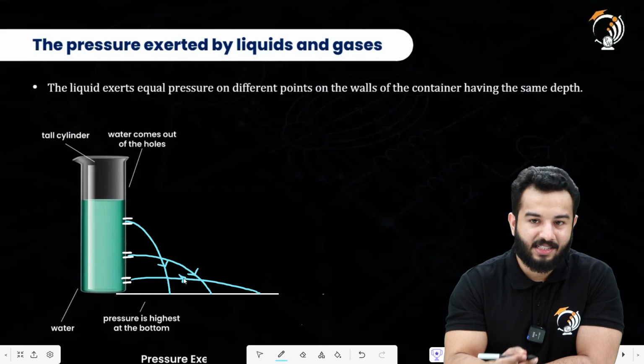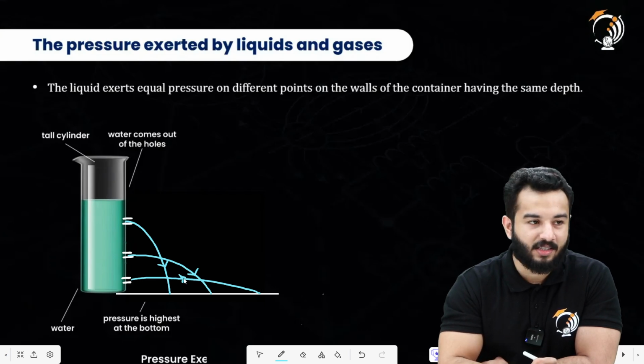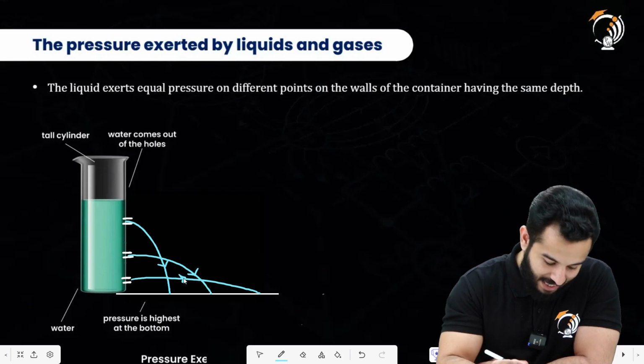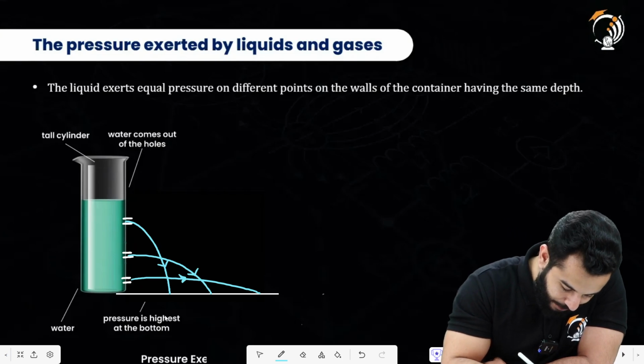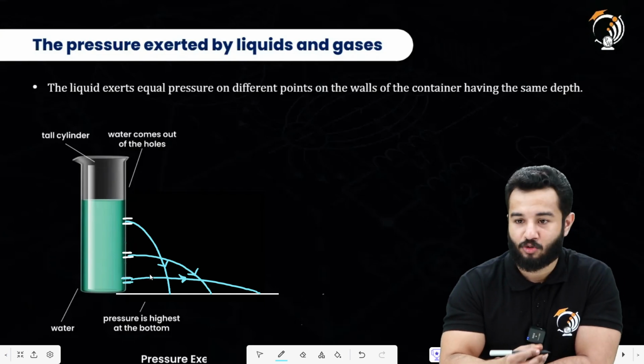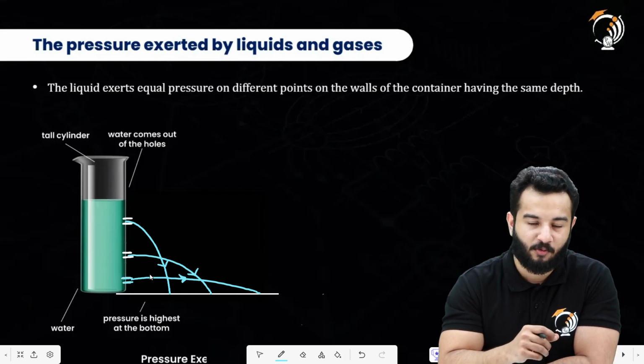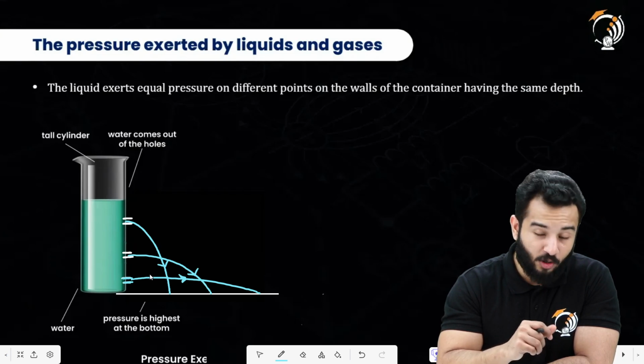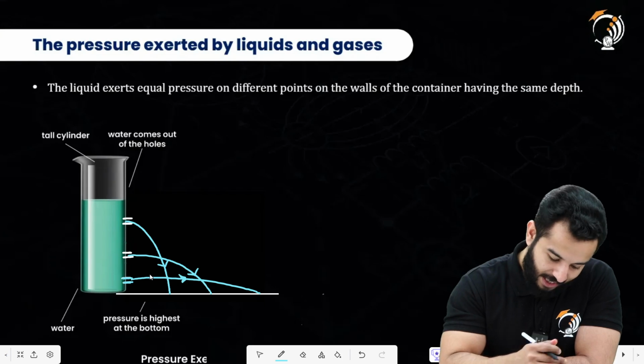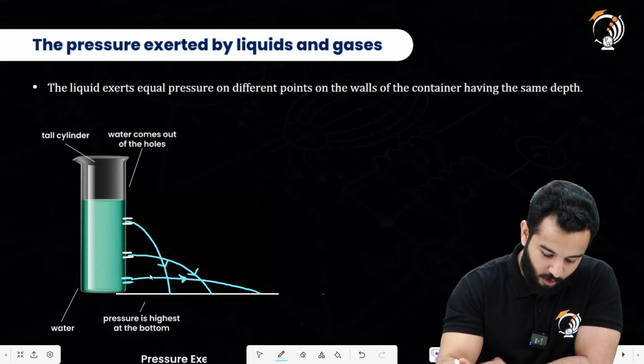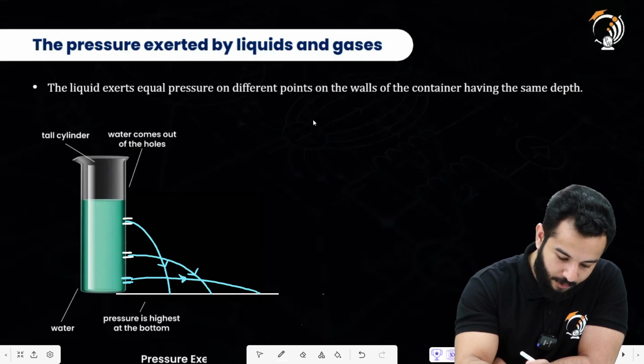The reason for this pattern is that the pressure at the bottommost point is going to be maximum. So the water from this particular hole is going to come out with greater velocity.